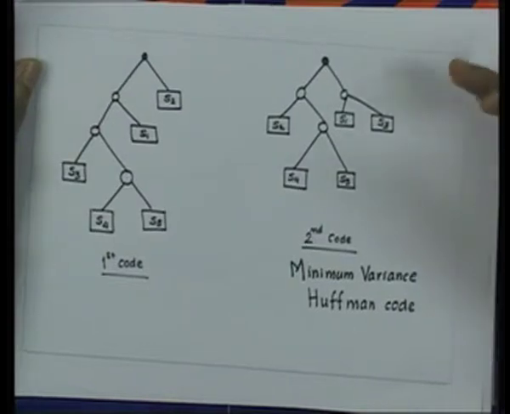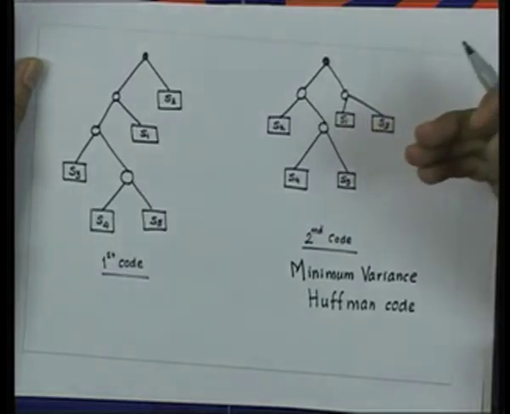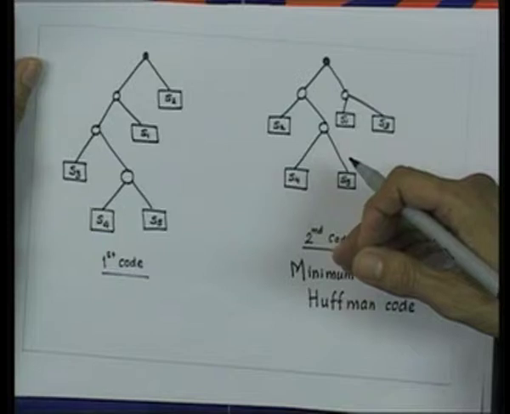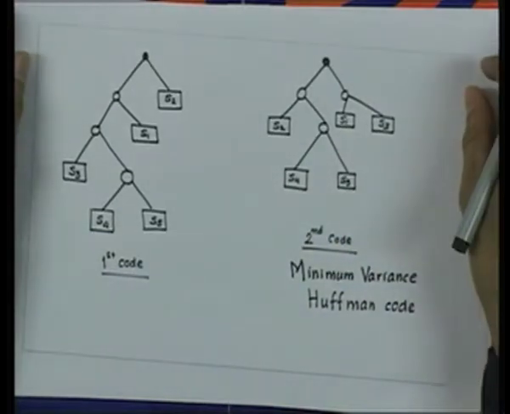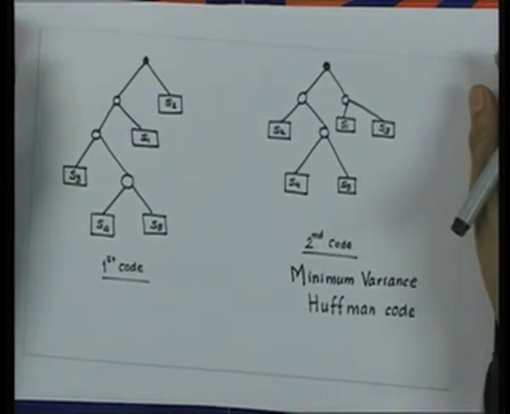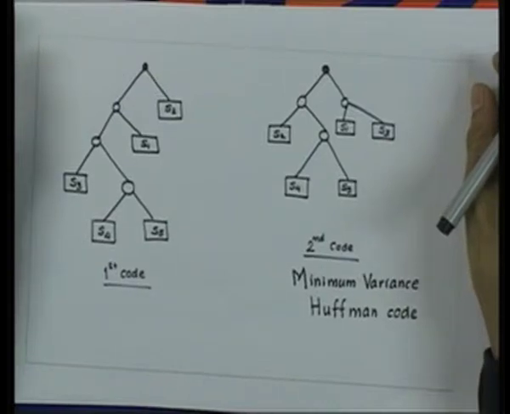Now which one of these two codes is the better one? To understand that, let us look at the practical implication of the minimum variance Huffman code. In many applications, although you might be using a variable length code, the available transmission rate is generally fixed.